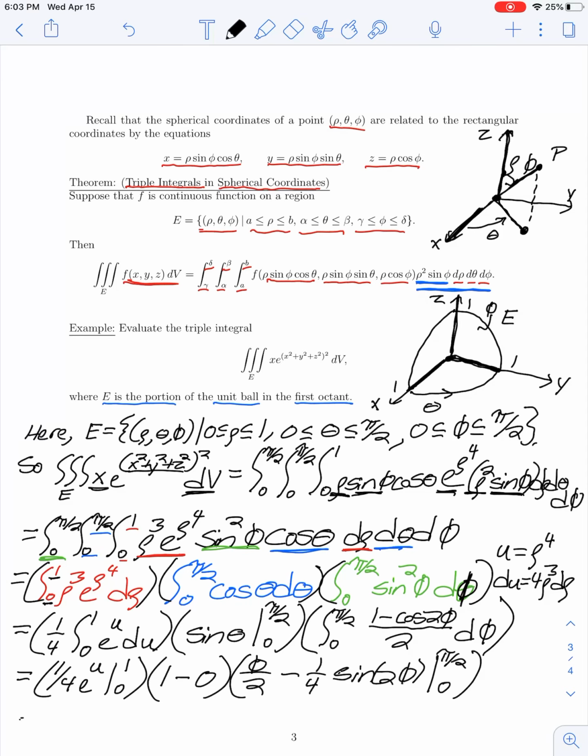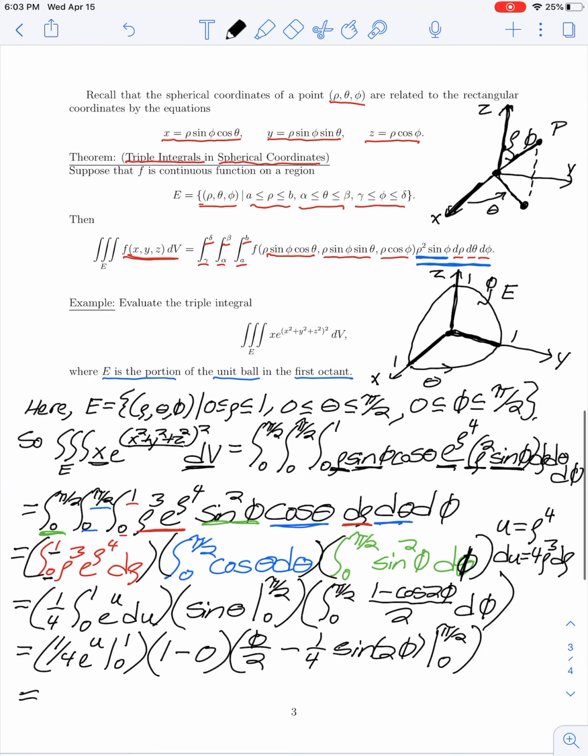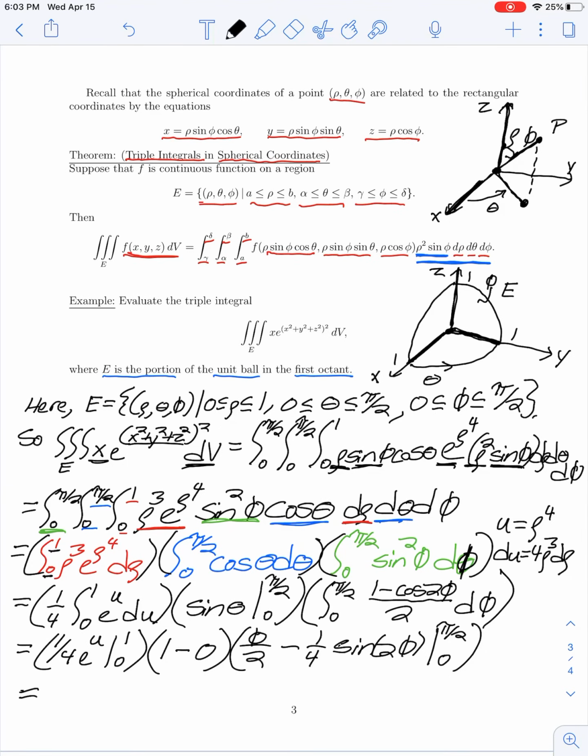So let's see what we're left with. This first term, we have a 1/4 times, when we plug in 1 for u, e to the first minus e to the 0, which is 1. Our middle term here was 1 minus 0, so we're just multiplying by 1.